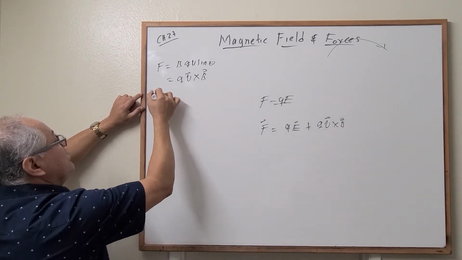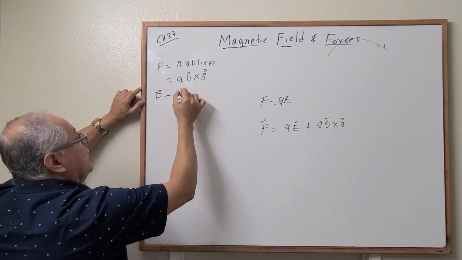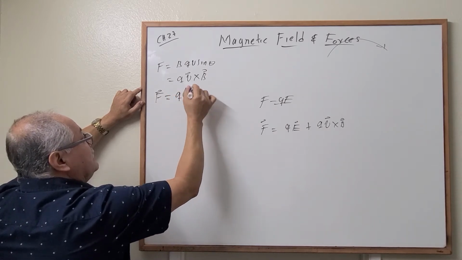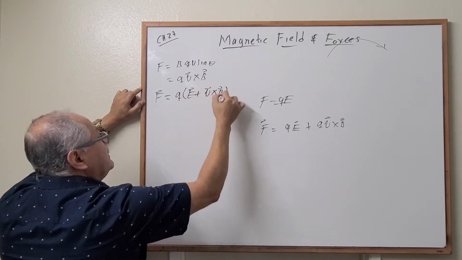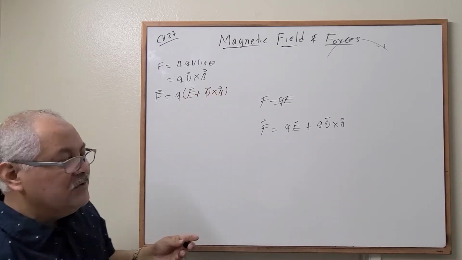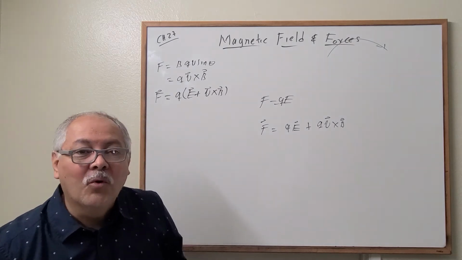So the total force is charge times the electric field plus this cross product. That's the total force. This force is also called the Lorentz force.